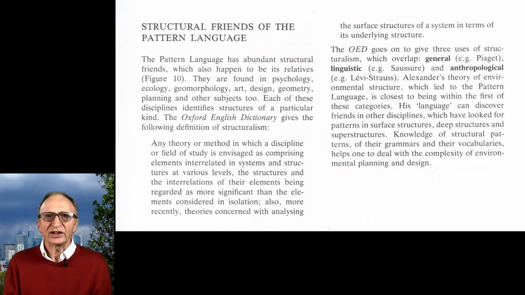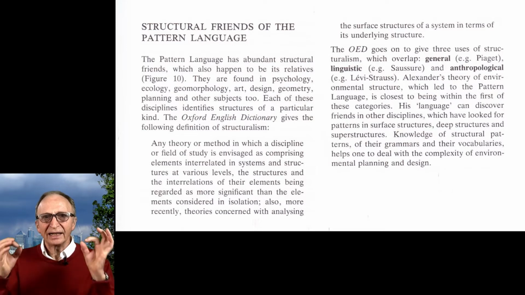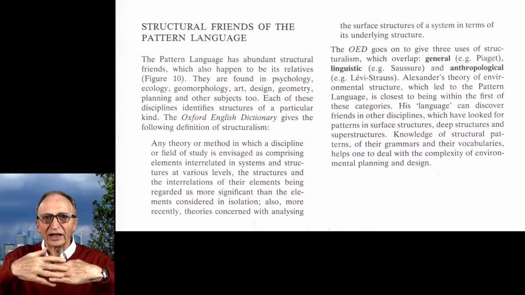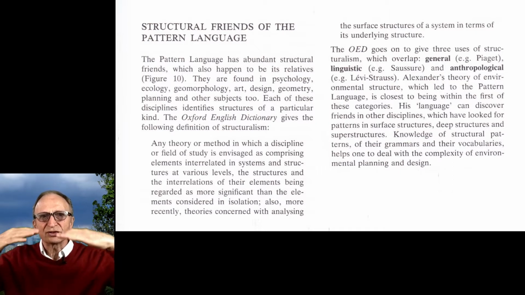The Oxford English Dictionary gives the following definition of structuralism, which isn't a very easy concept. It defines it as any theory or method in which a discipline or field of study is envisaged as combining elements interrelated in systems and structures at various levels.